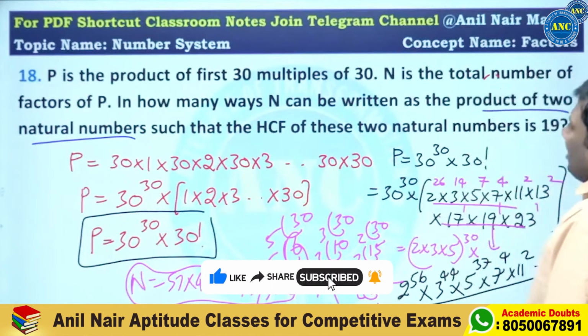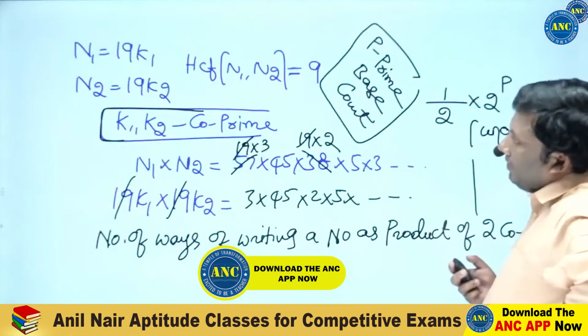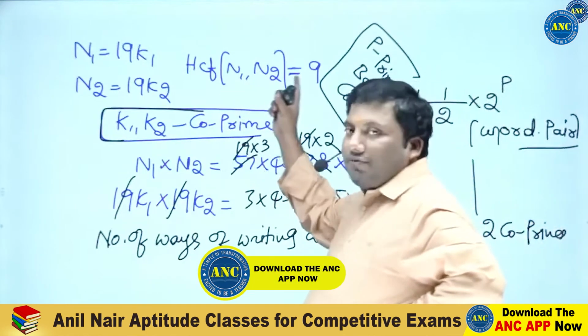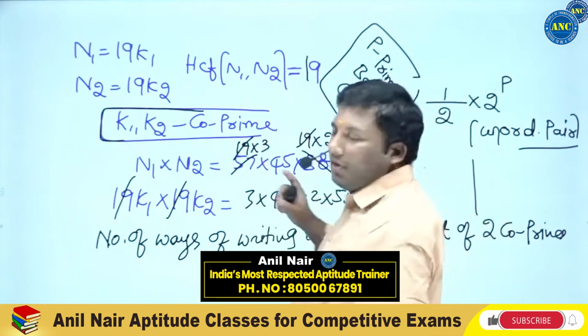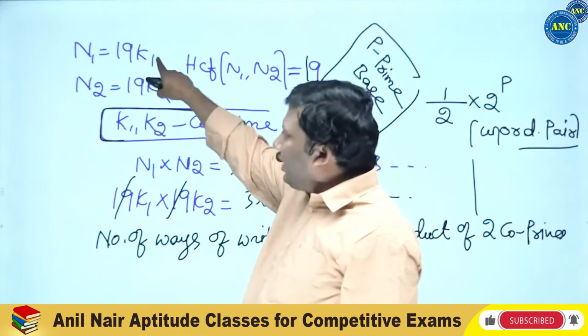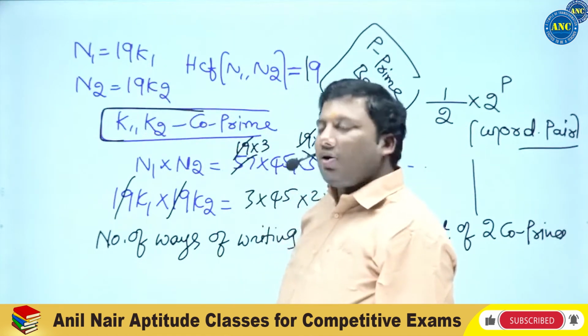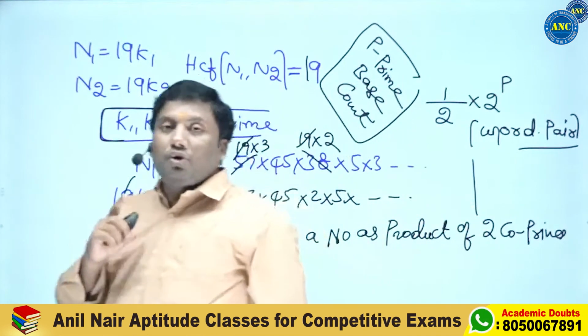In how many ways can n be written as the product of two natural numbers, where the HCF of these natural numbers is 19? N1 will become 19K1, N2 will become 19K2, and K1 and K2 are co-primes. In how many ways can you write a number as a product of two co-primes?